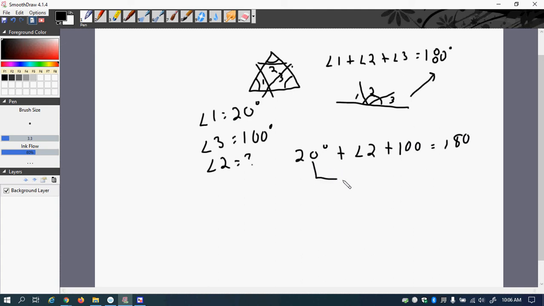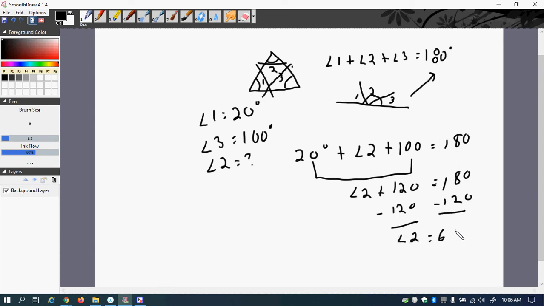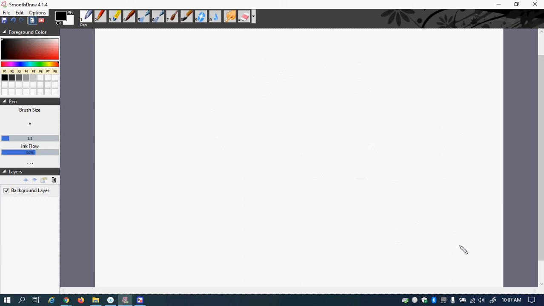I could add the numbers because they're on the same side. So that's angle 2 plus 120 degrees equals 180. And now I can subtract 120 from both sides. And so angle 2 turns out to be 60 degrees. That's a really neat formula for me to find any angle inside a triangle if I know at least two of them.